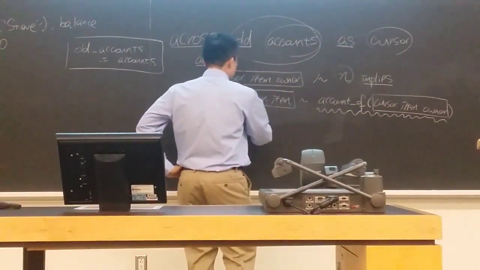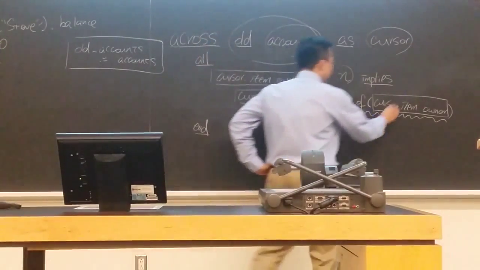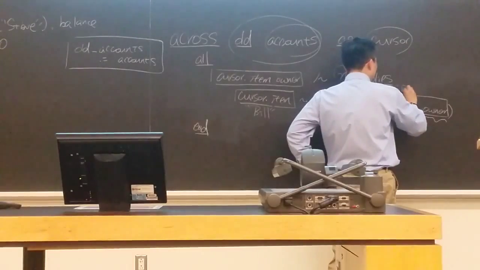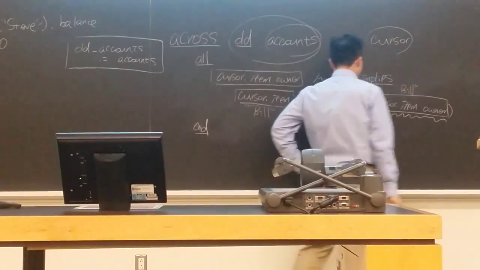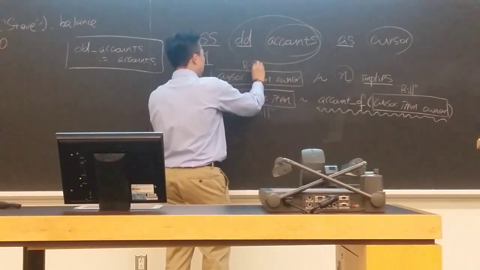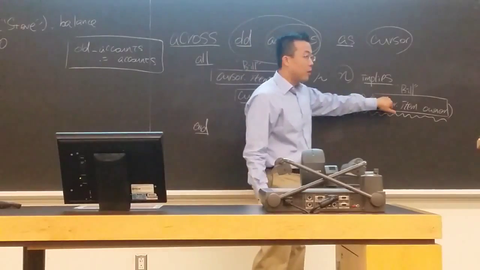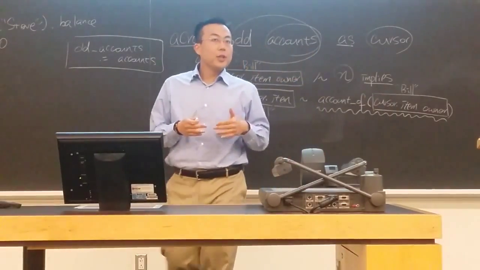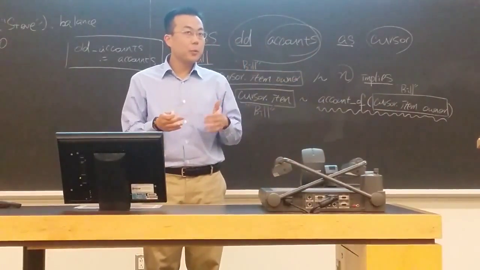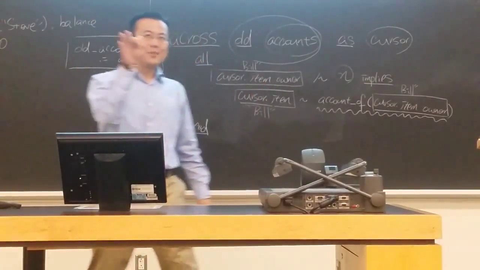So let's say, in this case, it would be Bill. Here it would be Bill as well. So here you will also be Bill. The name has been changed. But now, when we say account of Bill, is it going to return the new Bill's account or the old one? The new one? Why? That's really the key thing.